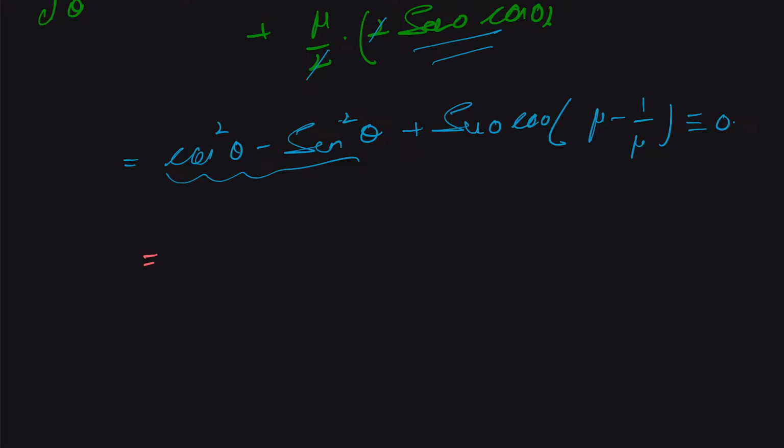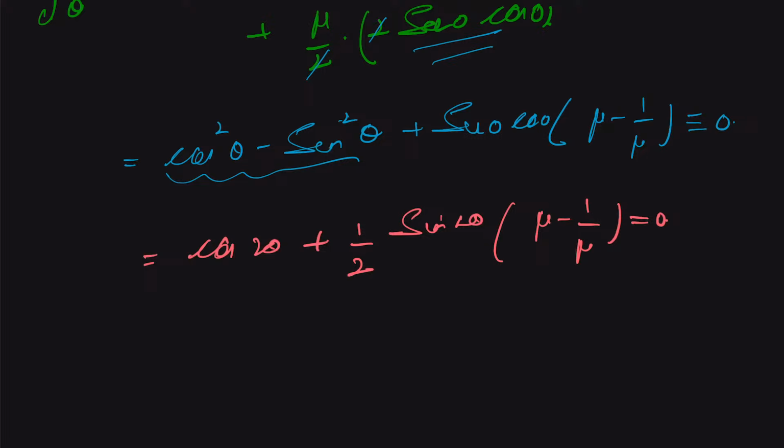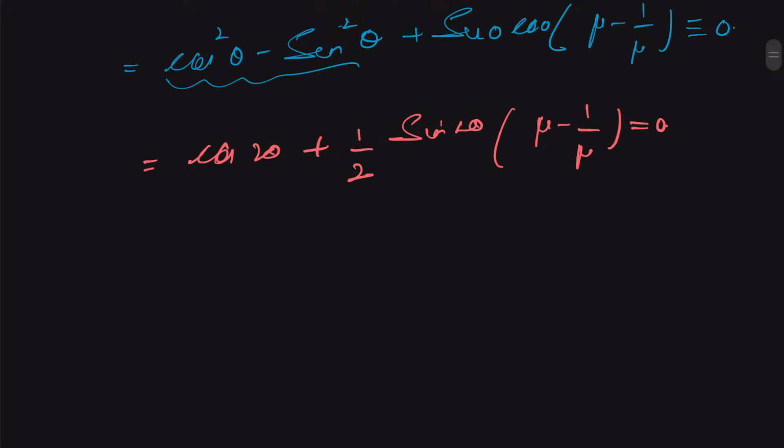So from this we get cos of 2 theta plus sine theta cos theta, we can write this as 1 by 2 sine 2 theta, okay. And mu minus 1 upon mu is equal to 0. Now we are going to solve it for this our theta, okay.